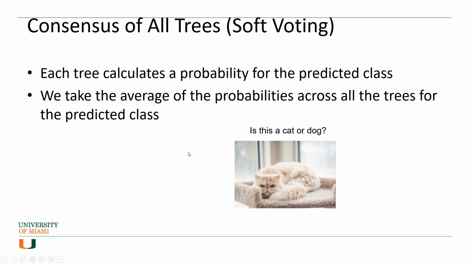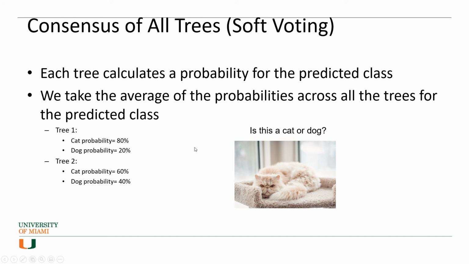Suppose that a random forest only includes 2 trees. In reality, it includes many more. So the first tree uses a sample set of training data and comes up with a probability of 80% for the class of cat and 20% for the class of dog. The next tree says that the class of cat is only 60% probability, whereas there's 40% probability that this is actually a dog.